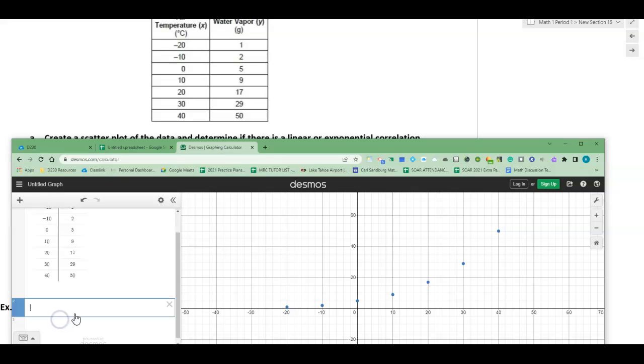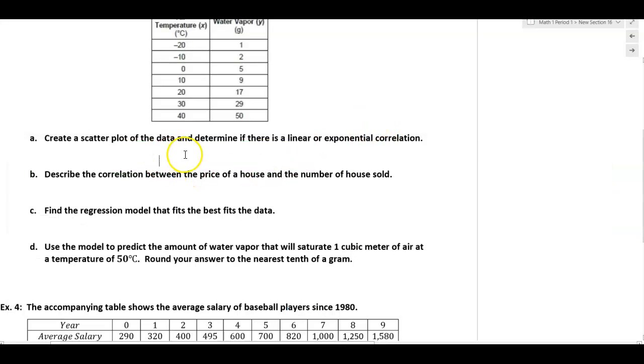So now when I look at this, I know right away this has an exponential growth correlation.